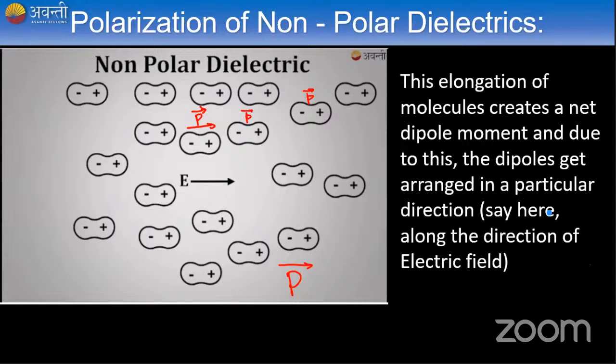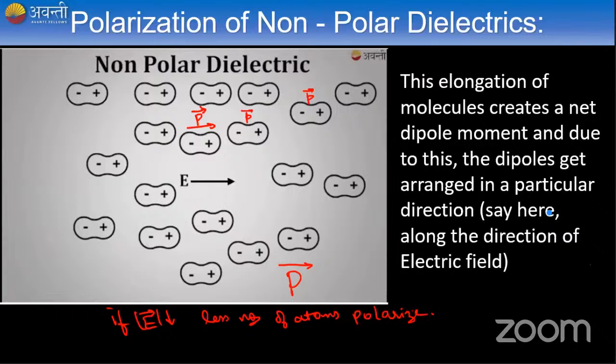One of your friends had asked the question, sir. If the magnitude of electric field is less, what happens? In that situation, less number of molecules would undergo polarization. If the magnitude of electric field is less, then less number of atoms would polarize.